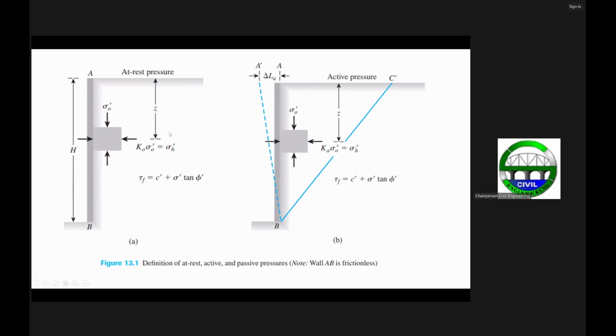This soil follows the Mohr-Coulomb failure envelope, which we defined last meeting, with respect to the cohesion value and the friction angle value. This is now your normal stresses.